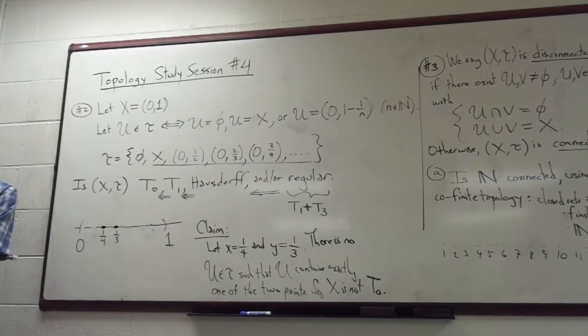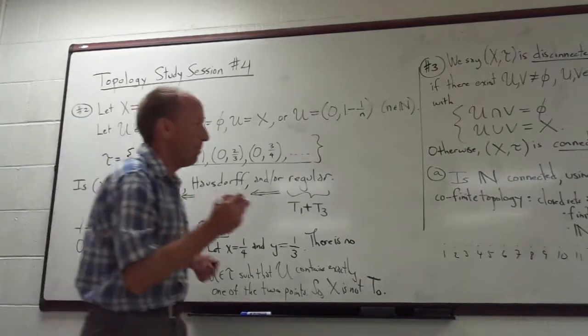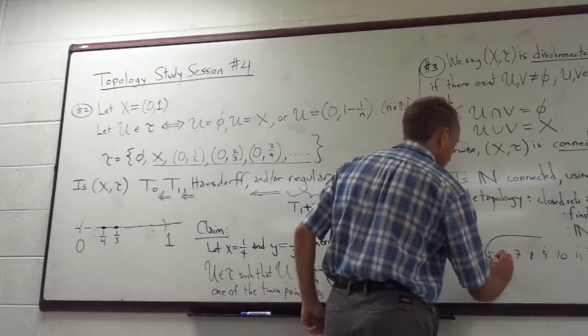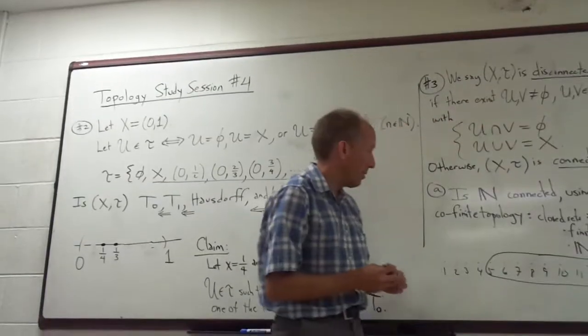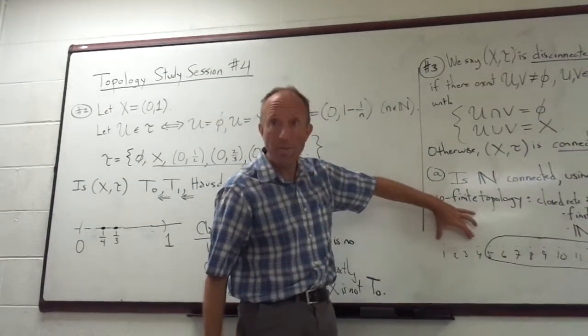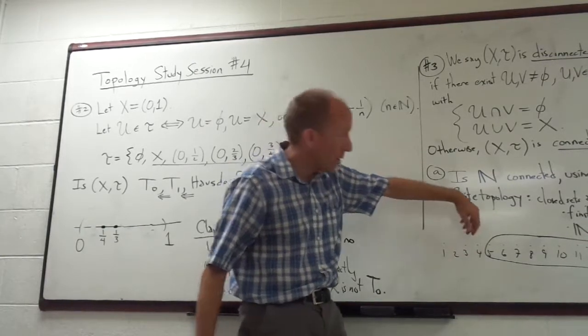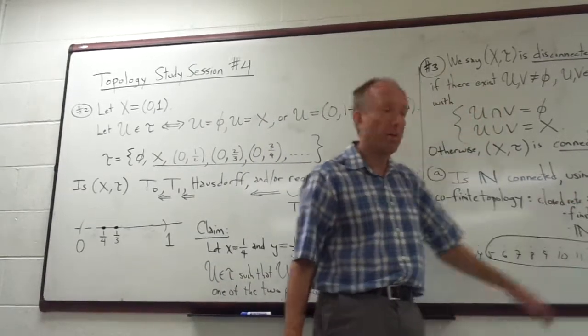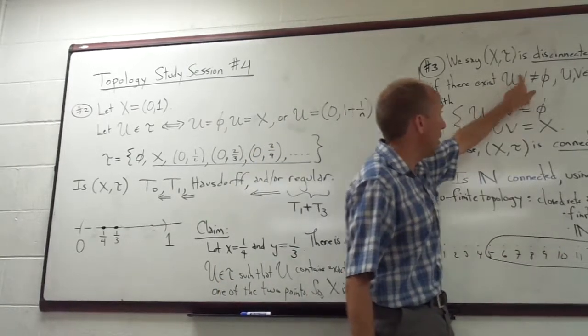Vin, do you have any idea? No. So an open set would be something that is only missing, I'll give you an example. One example of an open set would be this open set right here. That's open because the complement is finite, and so the 1, 2, 3, 4 is closed. So the complement of that is open. Okay. So if that was my U, it's non-empty, it's open.